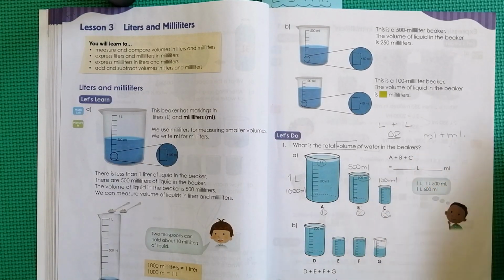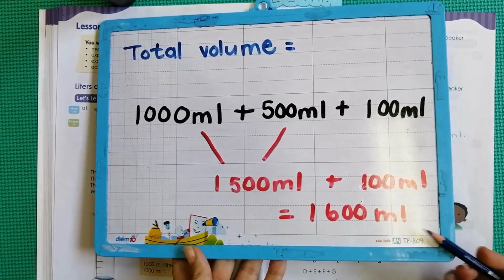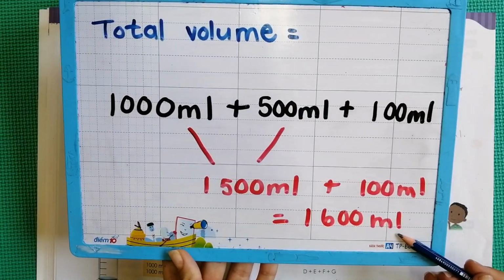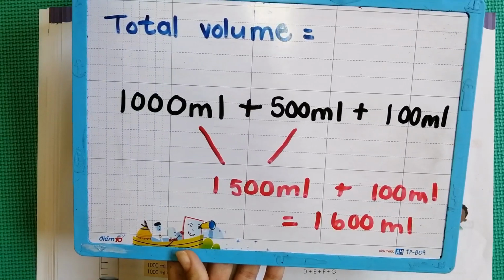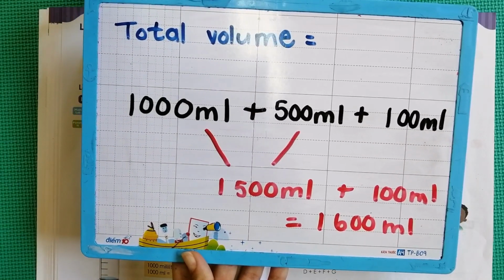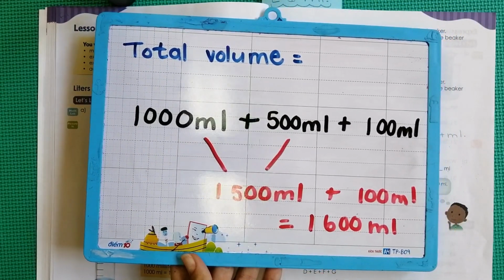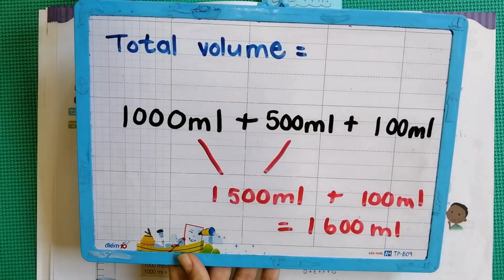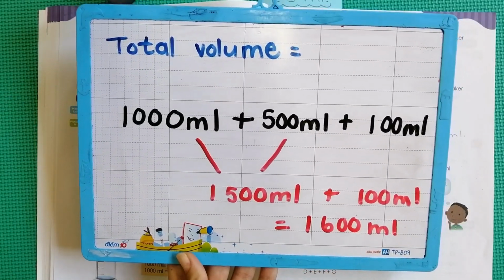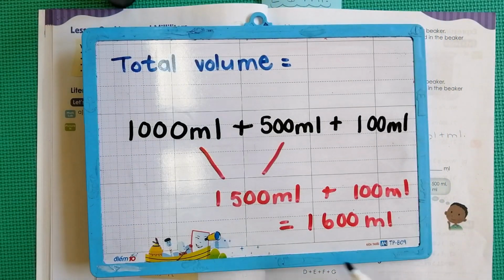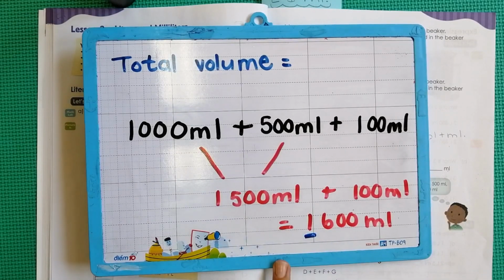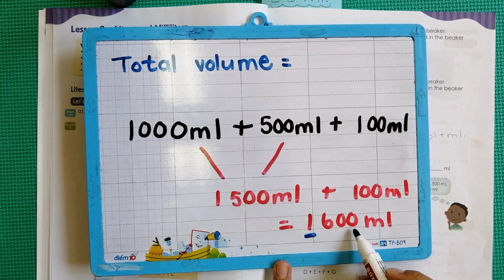So if I write 1,600 milliliters, how do I turn that into liters and milliliters? Remember, when we want to find out liters, we need to look at the thousands column. That will tell us how many liters. So this is the ones, tens, hundreds, thousands.